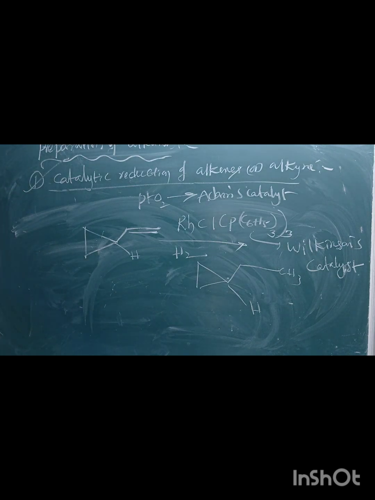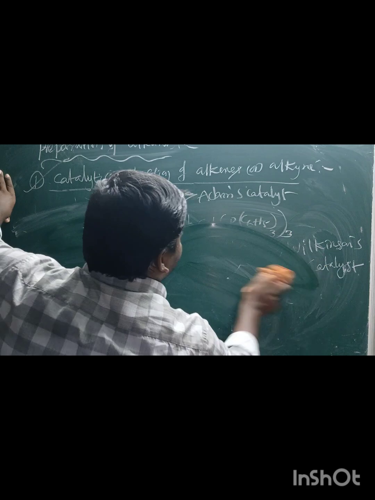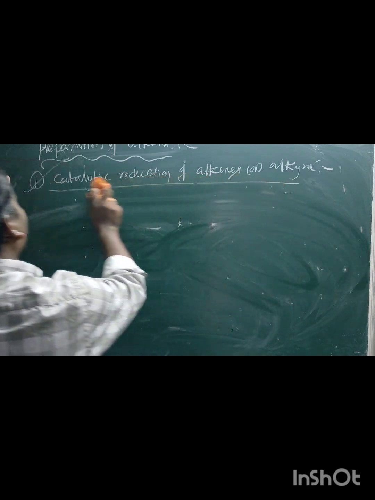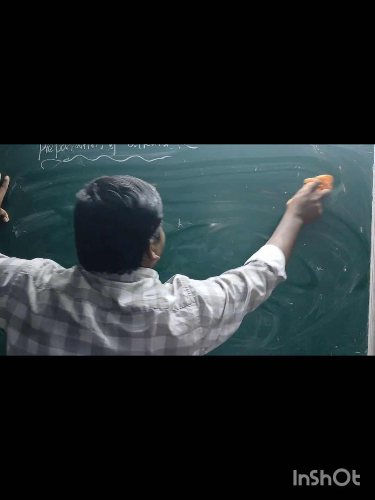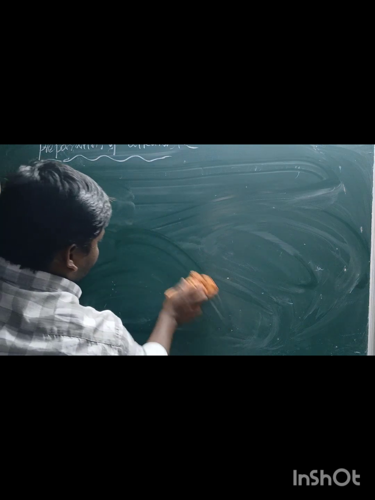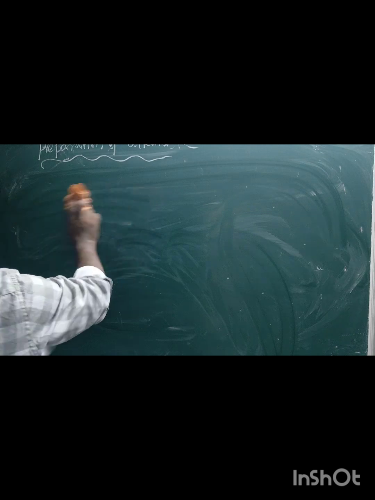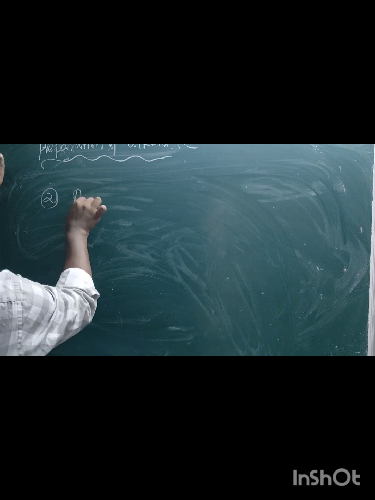Okay, this is the information about the first preparation method of alkanes. The second one is reduction of alkyl halide. It means alkanes are prepared from alkyl halides by using a reduction process.